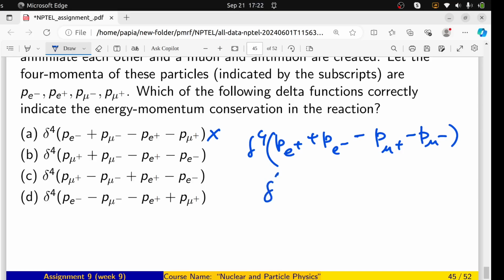And also we know that delta of x is equal to delta of minus x. So what does this mean?